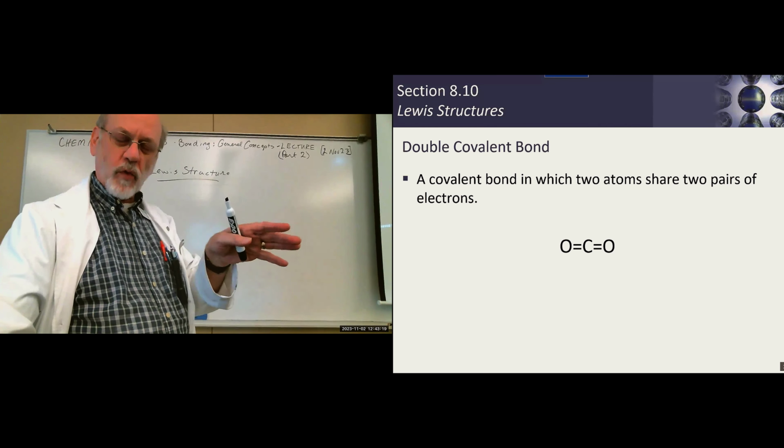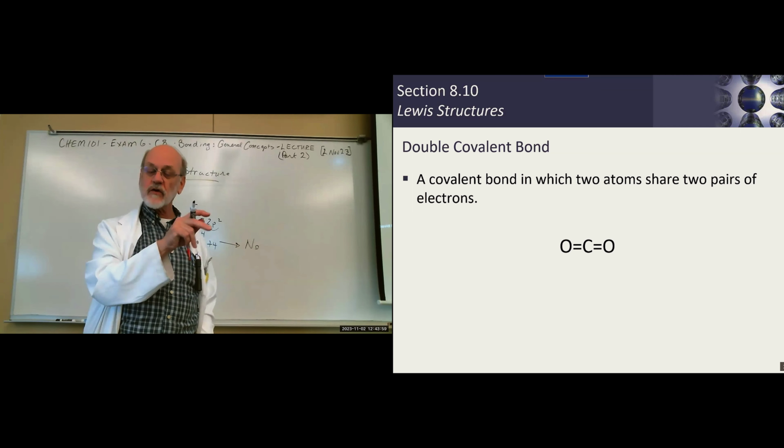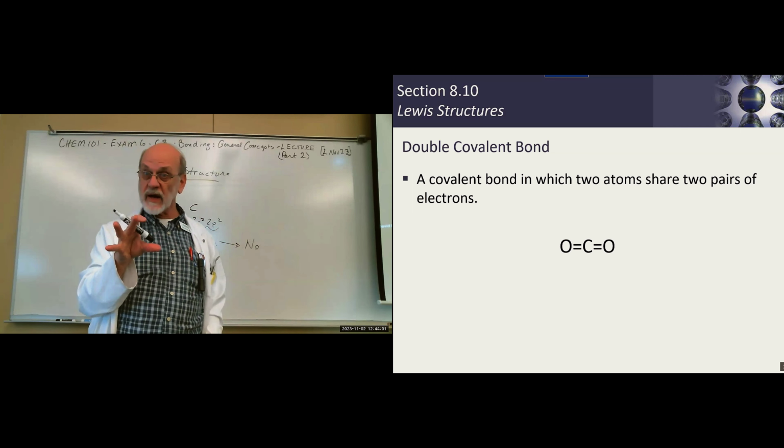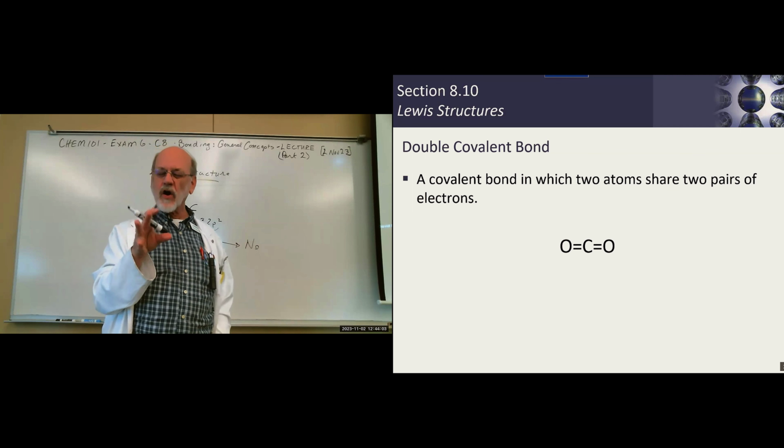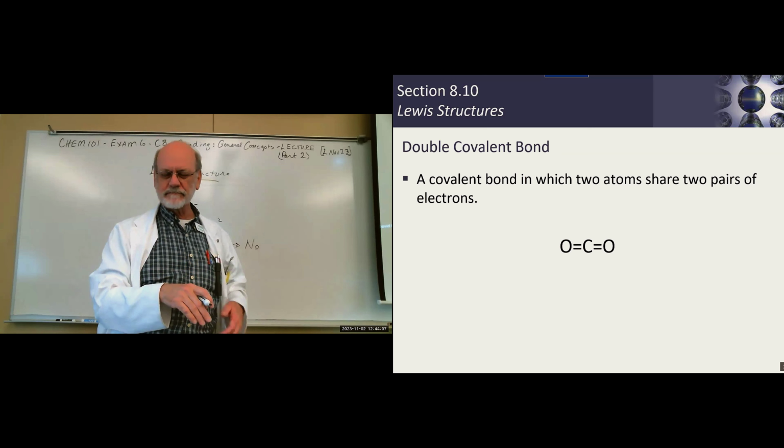So if carbon is built like this, 1s2, 2s2, 2p2, it has 4 electrons. If we can add 4, then it looks like neon. That's the concept. And the way it did it here was it got 2 electrons from one oxygen, 2 electrons from the other oxygen, formed the bonds, and now carbon appears to have an octet.